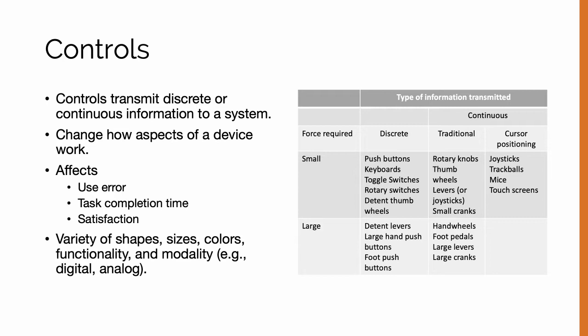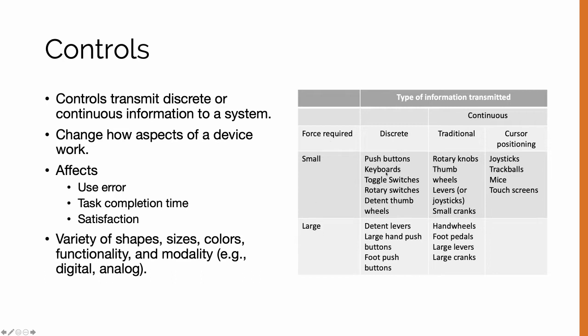You can see over to the right-hand side, I've got a little table that shows the type of information that's transmitted by different types of controls. So you'll notice I've got them divided up sort of into continuous controls and discrete controls. Over here, we can show whether the force required to actuate or activate the control is small or if it's large.